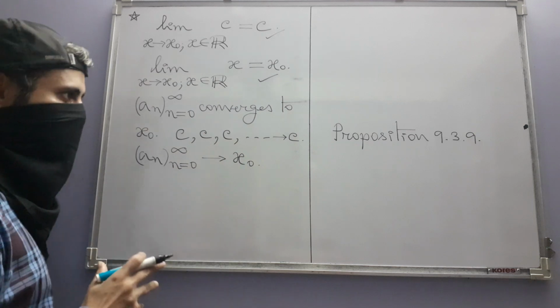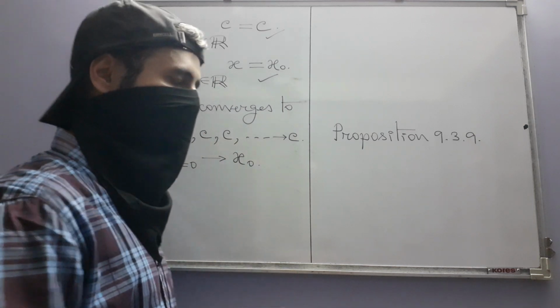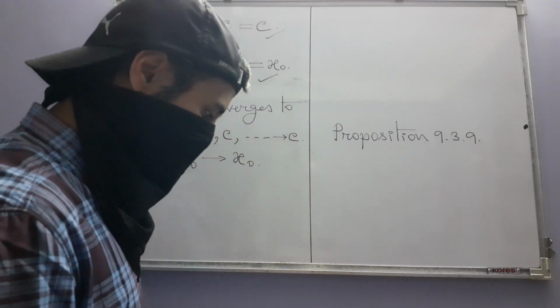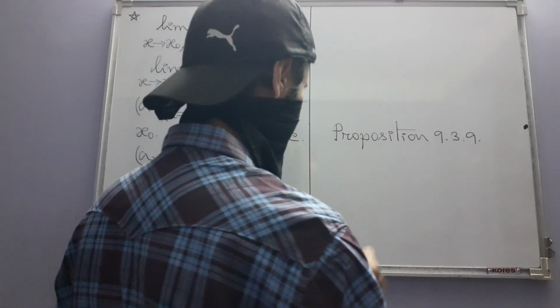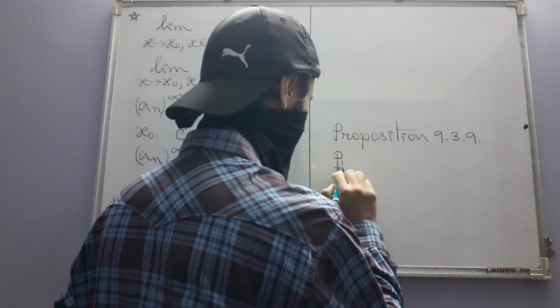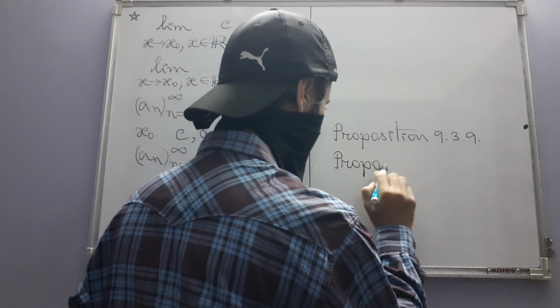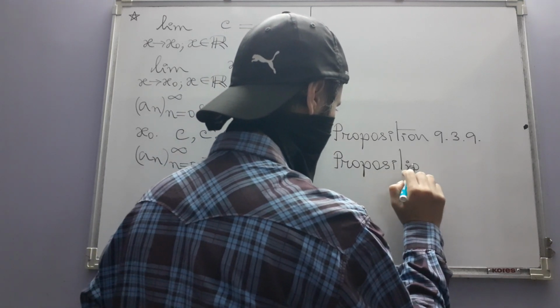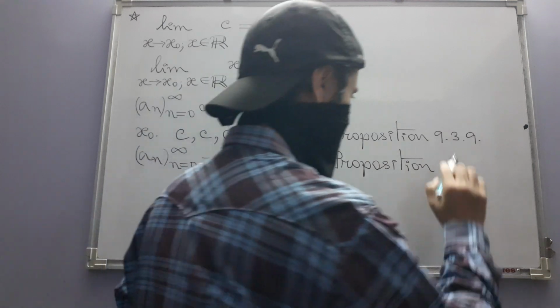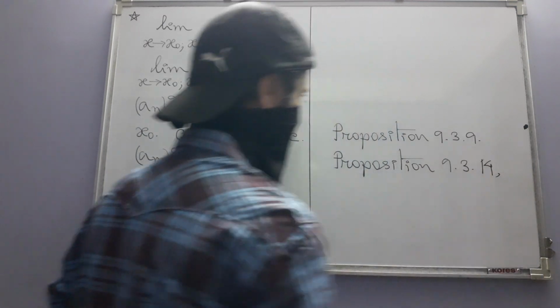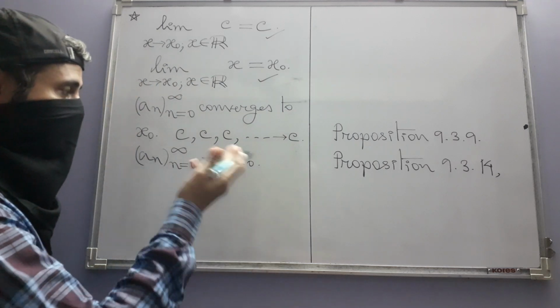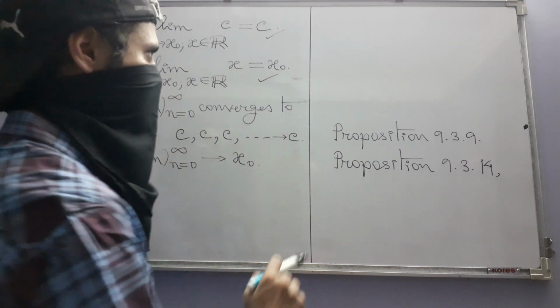So now using these two limits and using the algebra of limits, which is the last proposition that we saw in the previous video, proposition 9314, we can calculate limits like this.